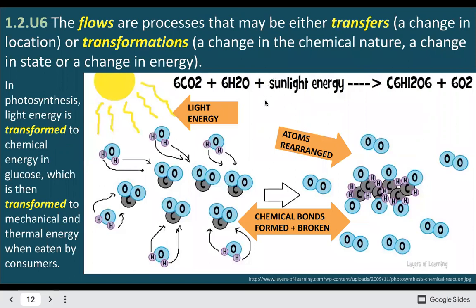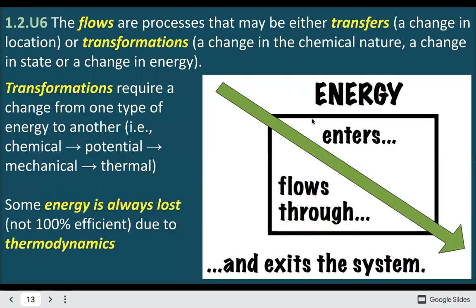A lot of this stuff, you're not necessarily going to need to know the exact equation, or that glucose is C6H12O6. However, you should know that in photosynthesis, carbon dioxide and water produce sugars and oxygen. The way I always remember sugars is, of course, we eat plants, and that's why they're tasty, is all the sugars.